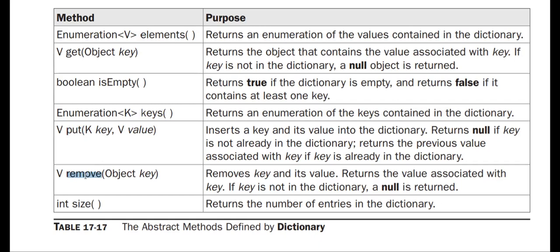So in order to add a key and a value, we have to use the put method. Get method is used to retrieve the value of a given key. Then both keys and values can be returned using the enumerations with the methods, that is keys and elements method.